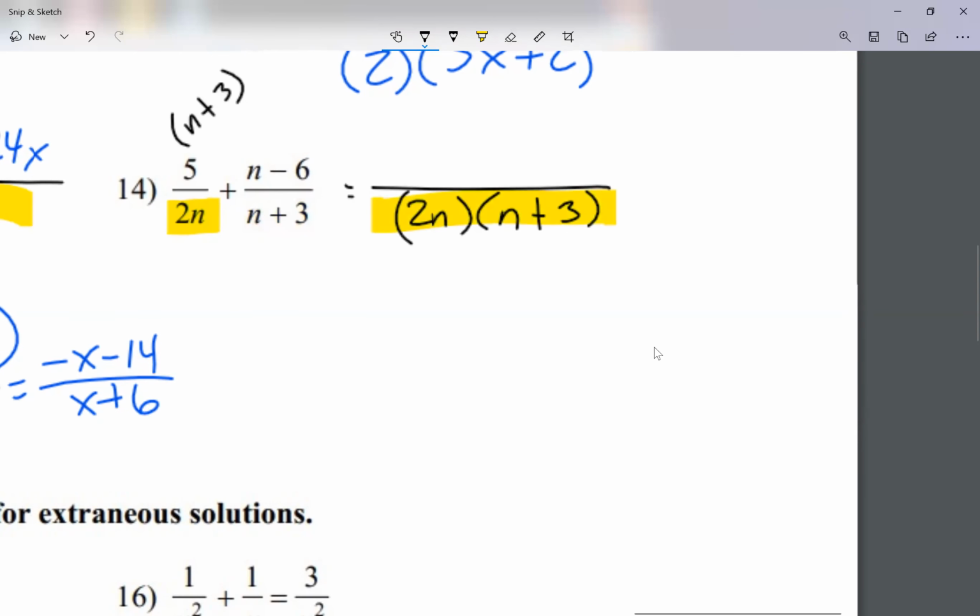Because see how in my common denominator, there are two parentheses, 2n and n plus 3. The 2n, I already have it. I just don't have the n plus 3. Okay. Then I look at the second fraction. Is there anything that my common denominator has that my second fraction does not? And I'm going to say, yeah, the 2n.